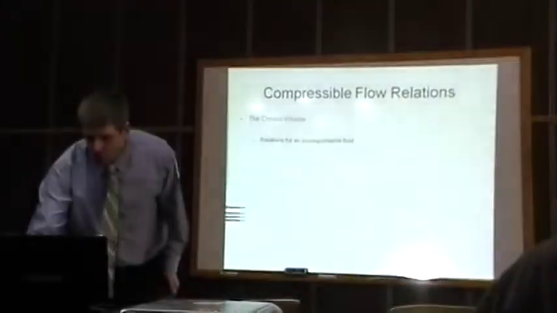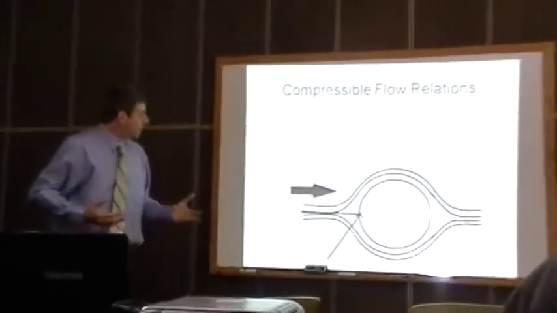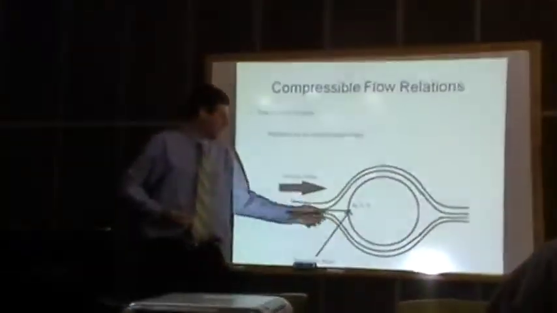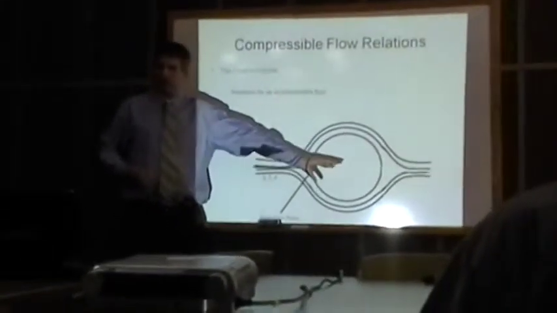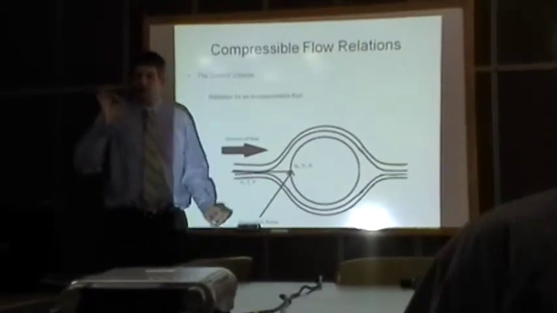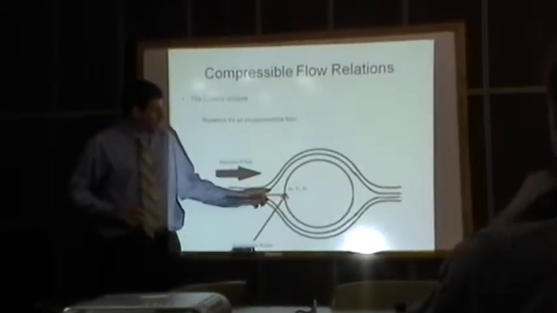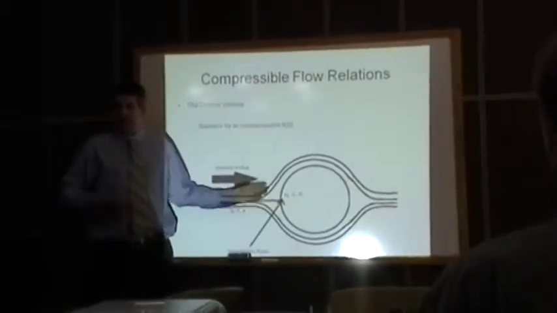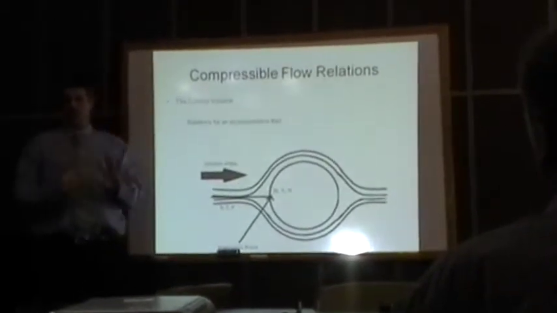So what is the stagnation state? Well, let's say we have a sphere and we have flow moving all around the sphere, and there is one point on the sphere at the very front where the flow will hit it and take all that energy and stop.